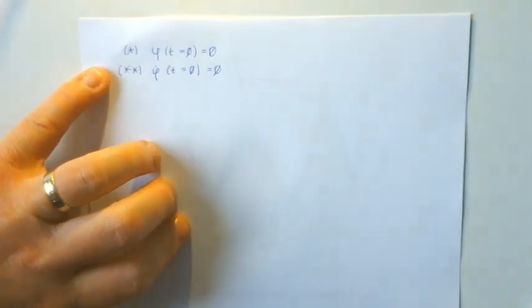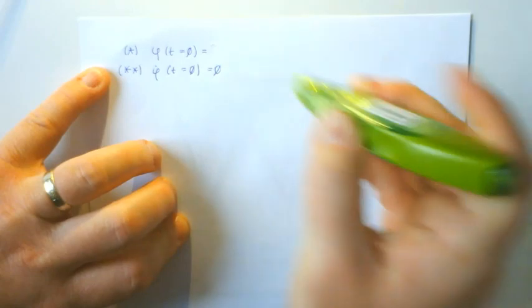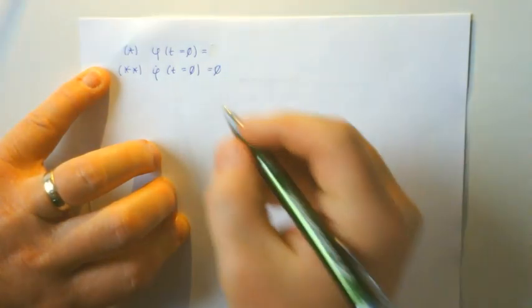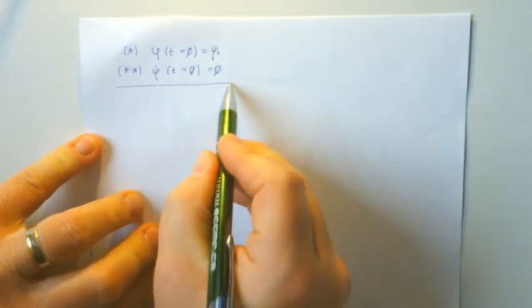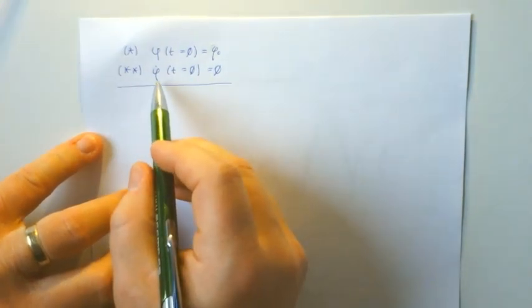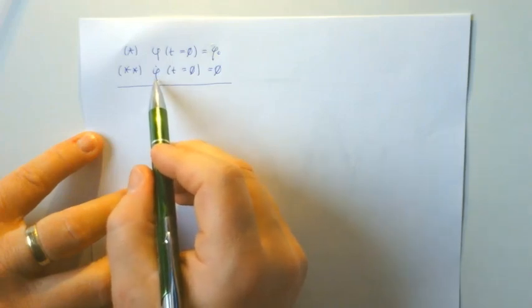Sorry, I made a mistake here. It's not 0, it's phi 0. Okay, so for application of these initial conditions, we need the derivative of our solution.